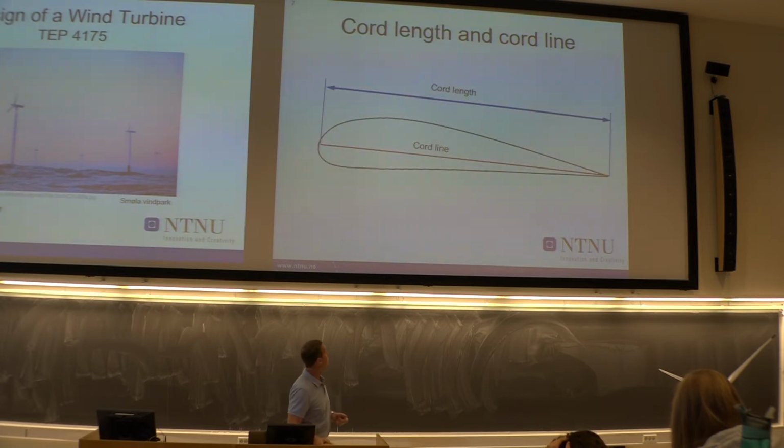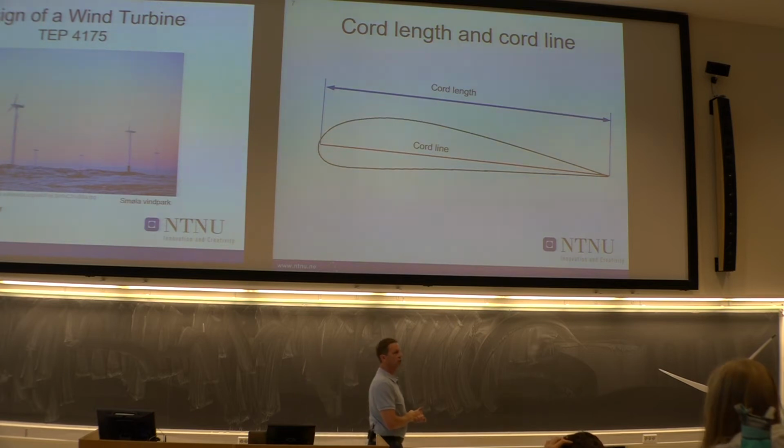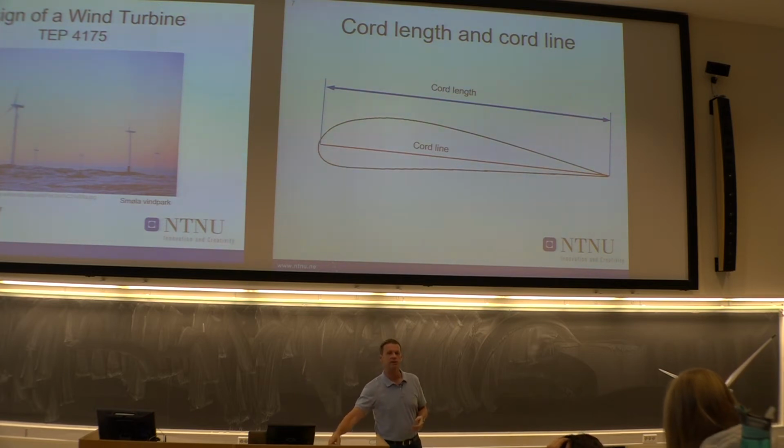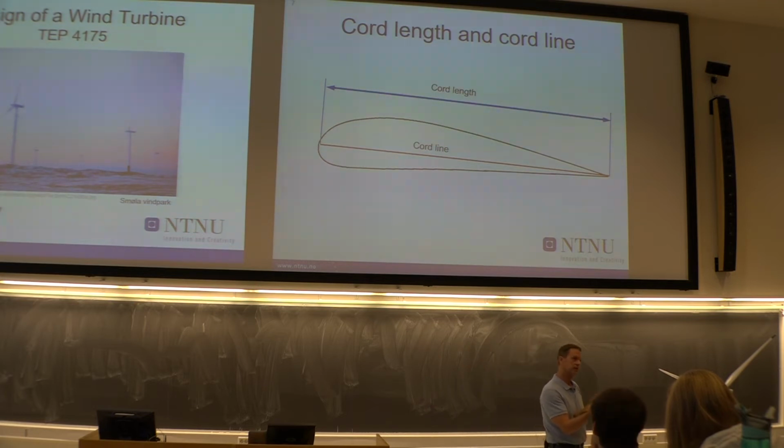Let's define a few things. First of all, we need to define the chord line, which is a straight line from leading edge to trailing edge. And the chord length is according to the length of that chord line.